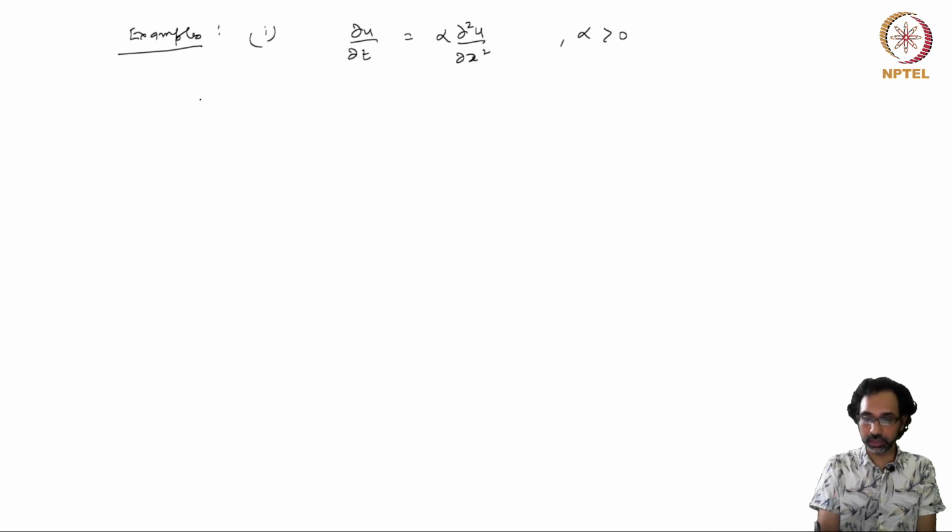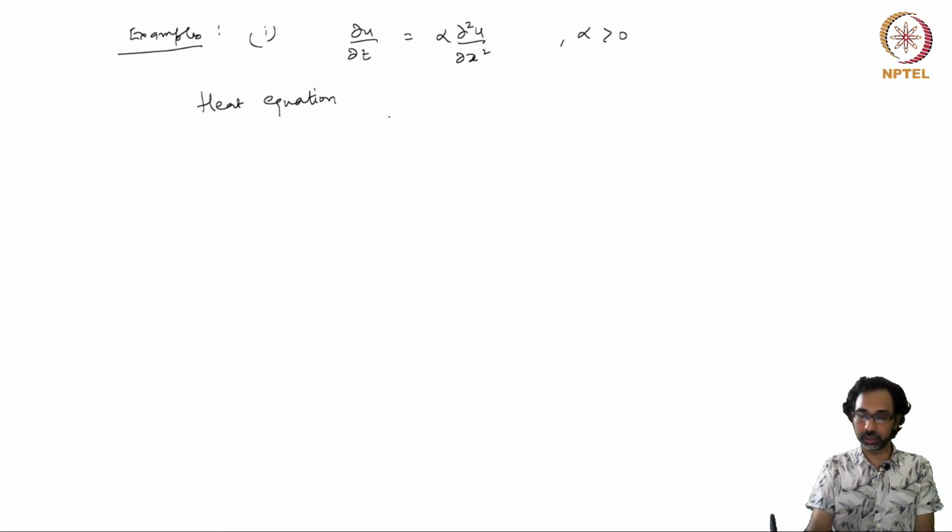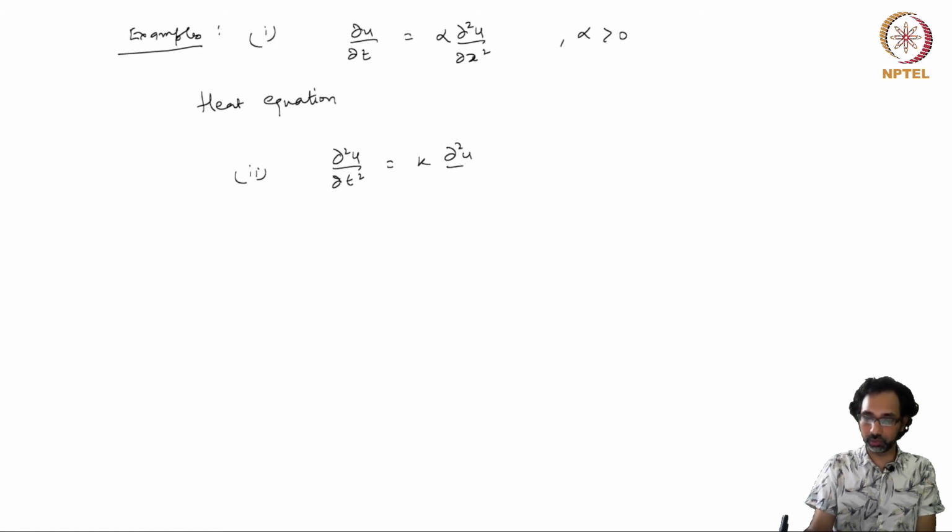This is known as the heat equation that is studied in physics and thermodynamics. The second example can be taken as del 2u over del t2 is k times del 2u over del x2. Again, k can be taken positive, and this is known as the wave equation.